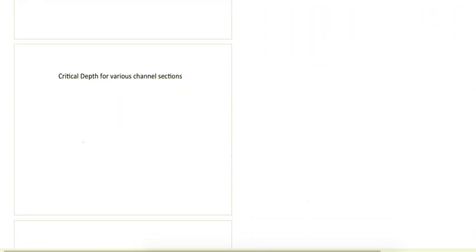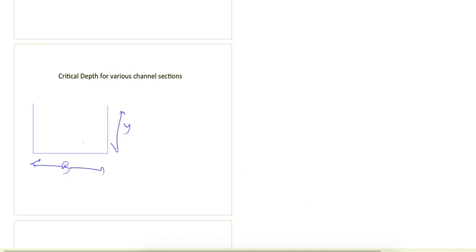Next is our critical depth calculation for channels. So first let's see for a rectangular channel. This is the rectangular channel, and let's say the bed width is b and the depth is y.